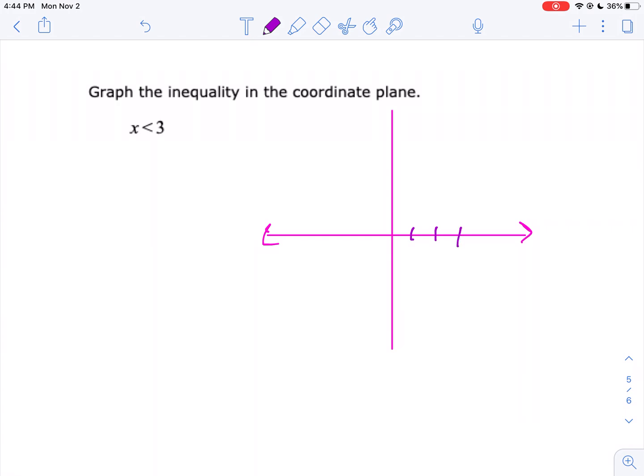When you draw in your boundary line, x is always 3. Positive or negative y doesn't matter where y is, x is always 3. So you should have had a vertical line, and since we are shading less than would be to the left of your boundary line. Then you would have had it.